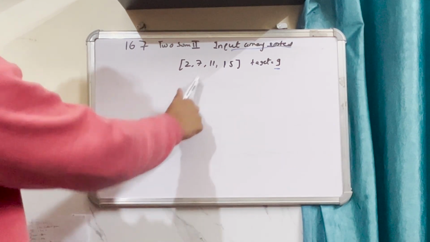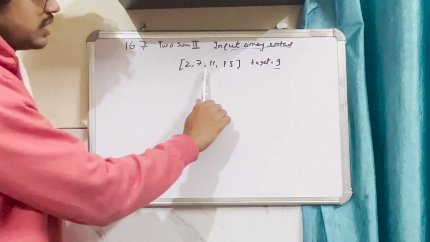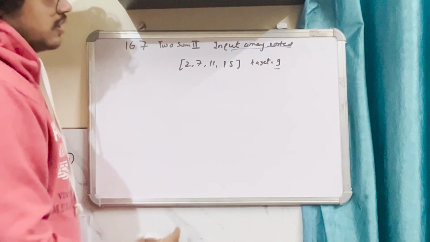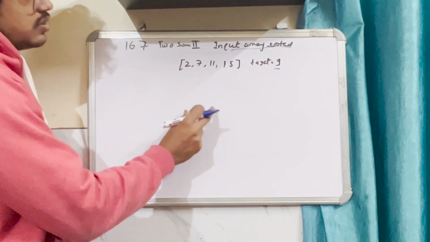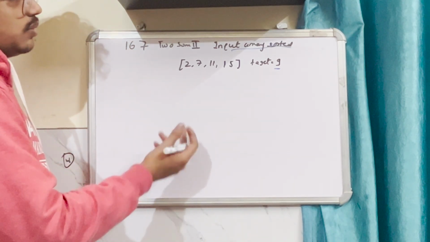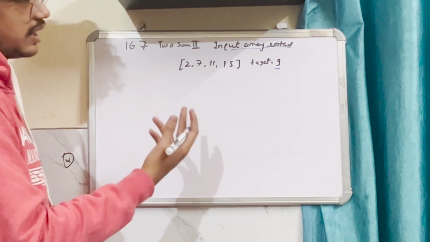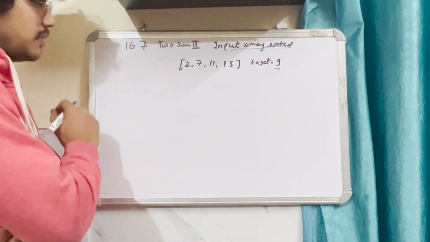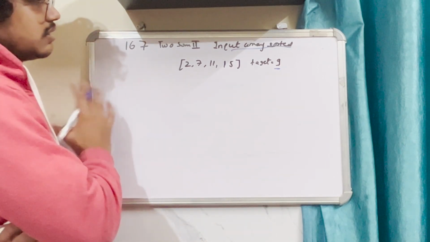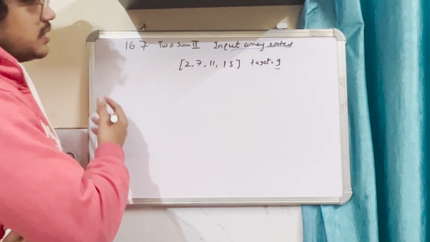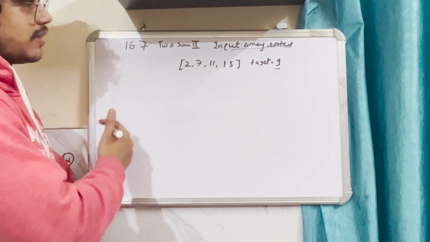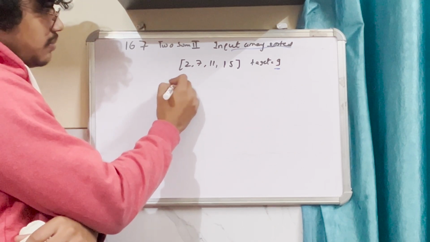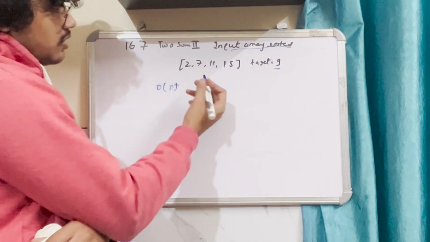For example, if we have 2, 7, 11, 15 and the target is 9, you have to return the indices of the two elements whose sum gives 9. When you look at the question, it's pretty simple. If you think of a brute force way, you can use big O of n squared complexity using two for loops.